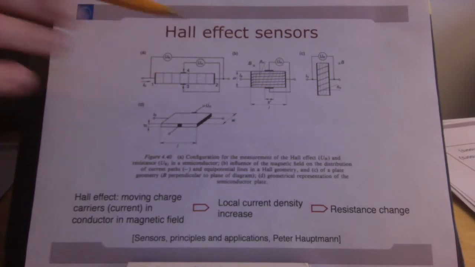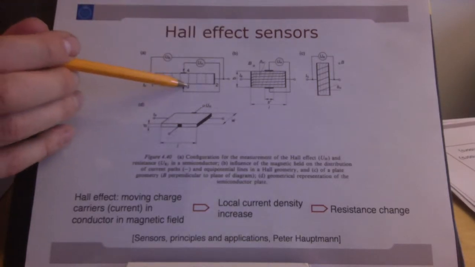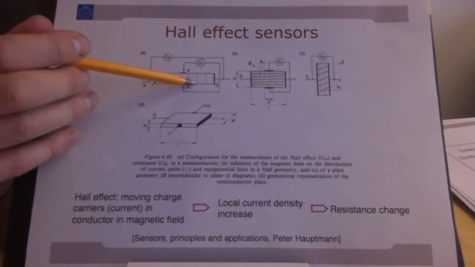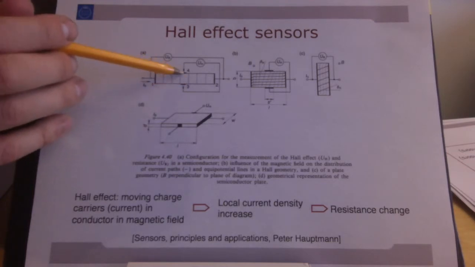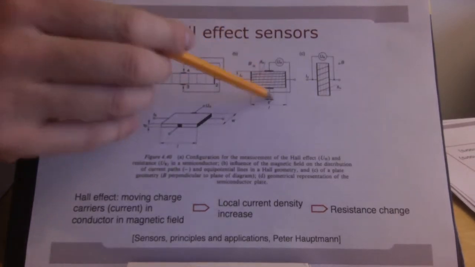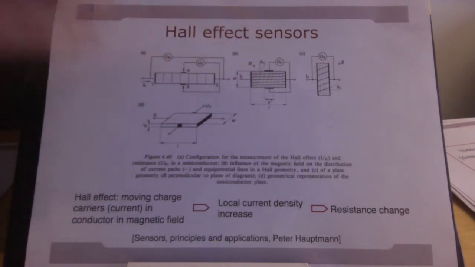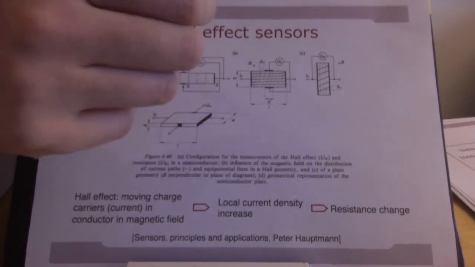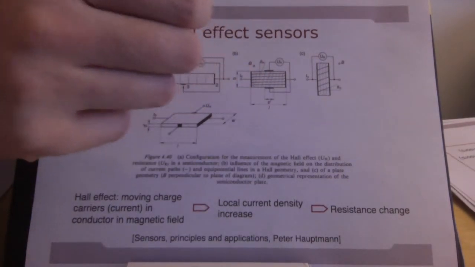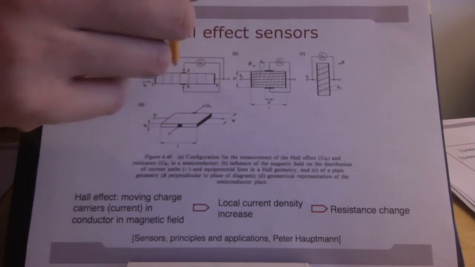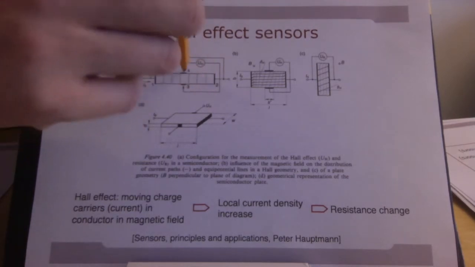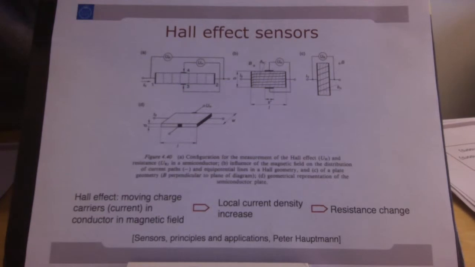So the density of the electrons will shift, and there will be a higher electron density on one side than on the other. That is something you can measure by measuring the voltage drop here. The magnetic field changes where the electrons run into material, the minority carriers, and that is something I can pick up over these two terminals. That will form my magnetic sensor.